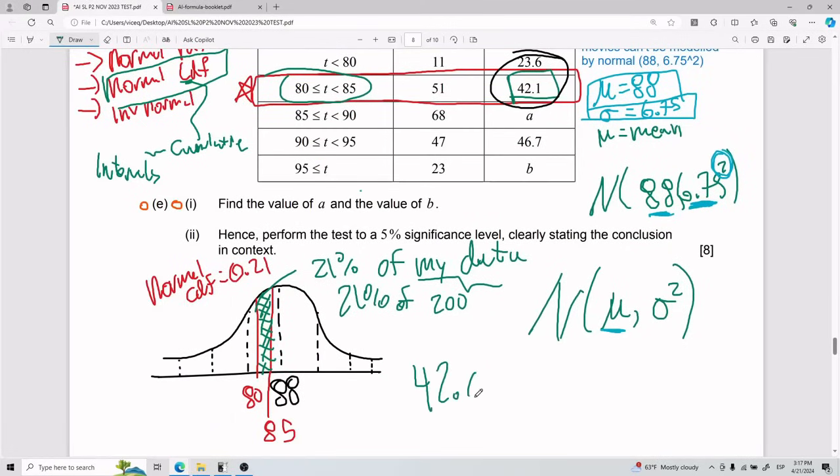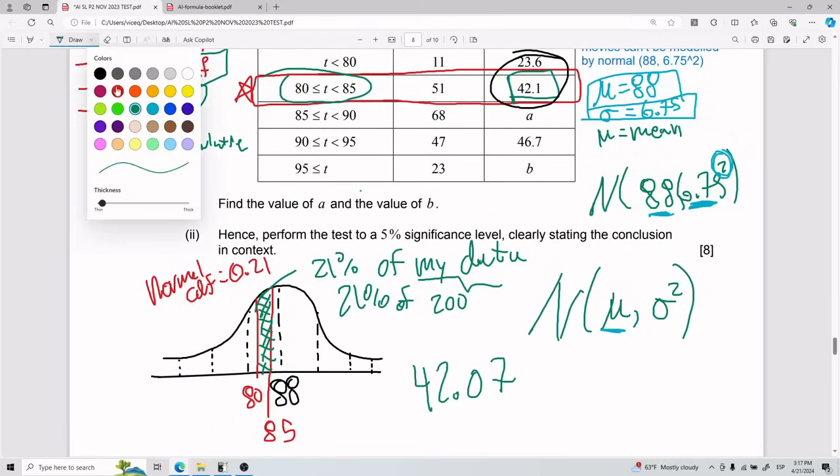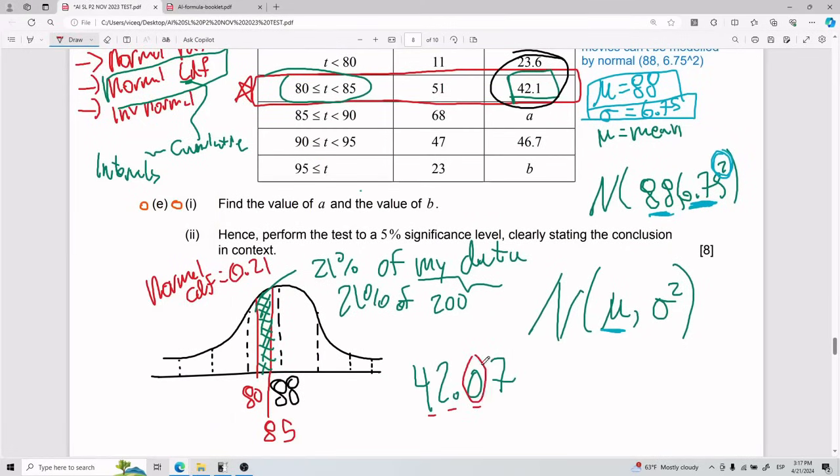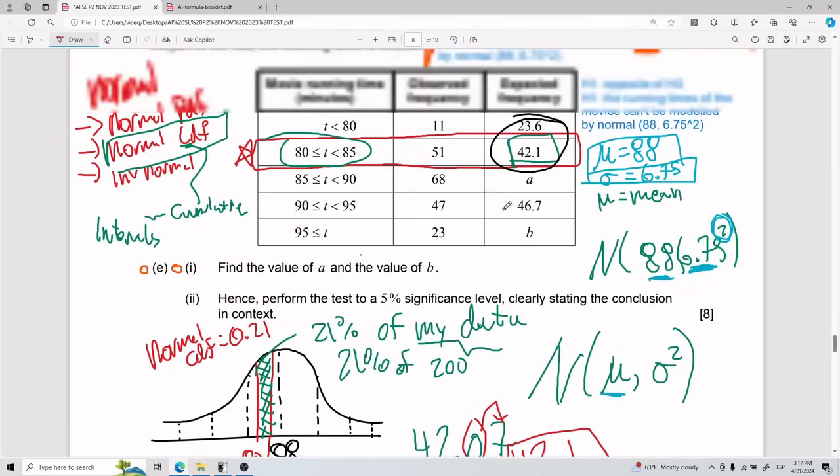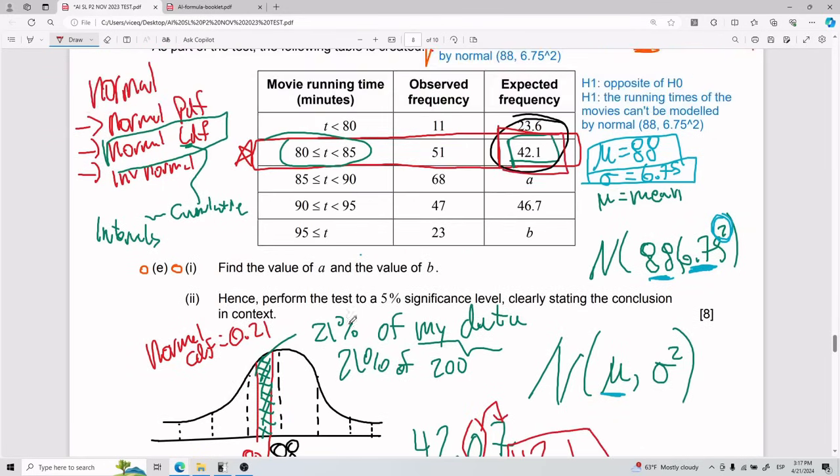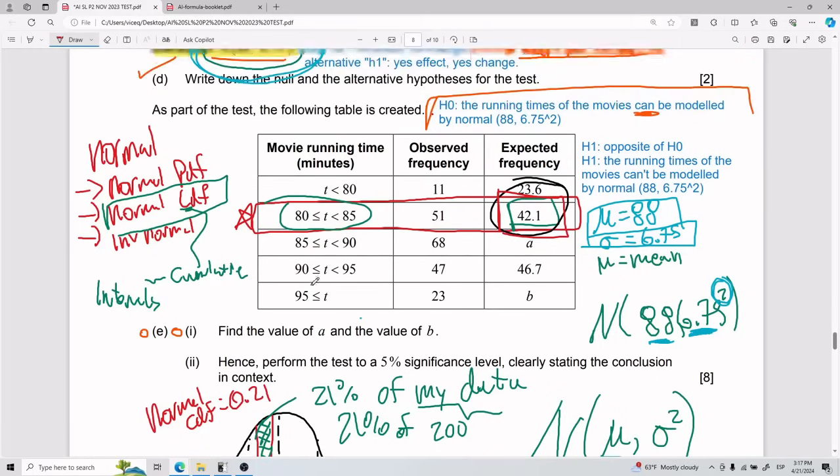I count one, two, three, so round it up: 42.1. That is how you get it. You find the percent, you multiply by the number of movies, which is 200, and you get it.